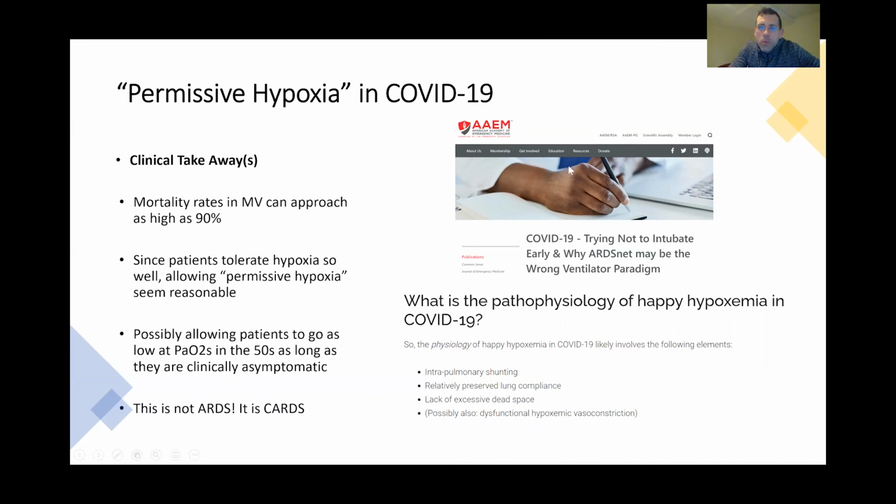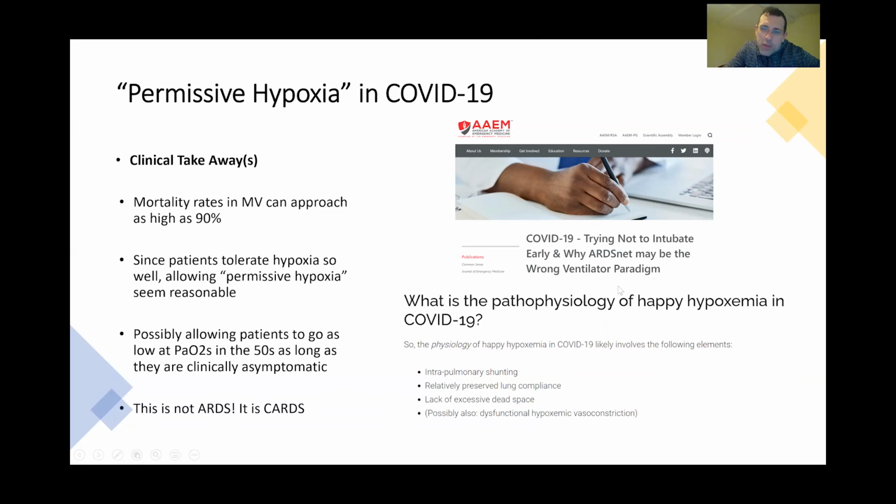And so here in this particular article, it talked about trying not to intubate early and why ARDSNet might be the wrong ventilator paradigm. And this is because these patients tolerate permissive hypoxia just extraordinarily well. And again, the ARDSNet paradigm might be causing more damage with the very high levels of PEEP because again, they don't have difficulties in compliance.